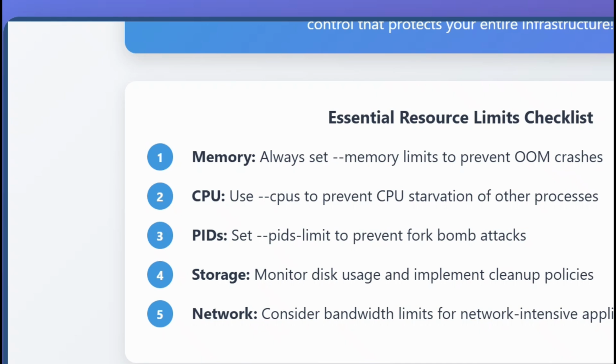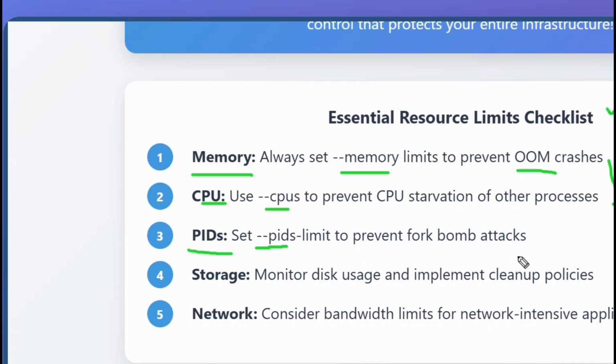And here is an essential resource limits checklist, a quick checklist to guide your deployments. First one was memory. Always set --memory limits to prevent out of memory crashes. And the second one was CPU. Use --cpus to prevent CPU starvation of other processes. And PIDs, we need to set this --pids-limit to prevent fork bomb attacks.